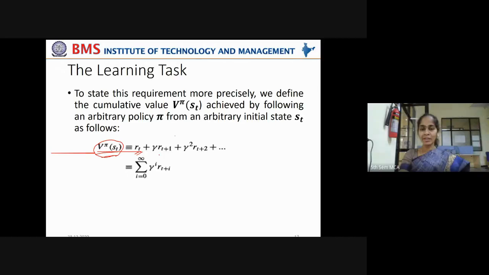When the time factor moves to the next slice of time, say the immediate slice of time is t, the next slice of time is t plus 1.